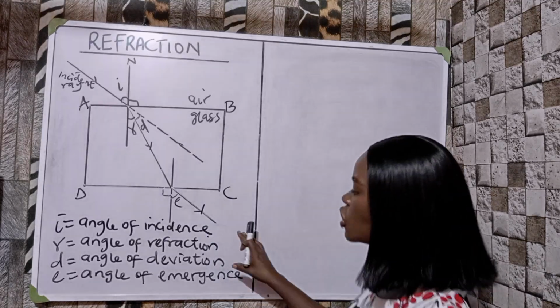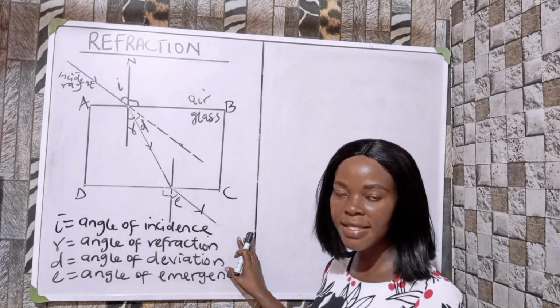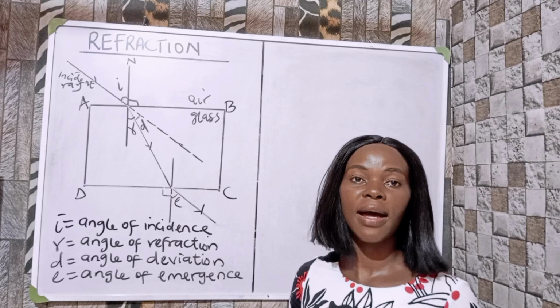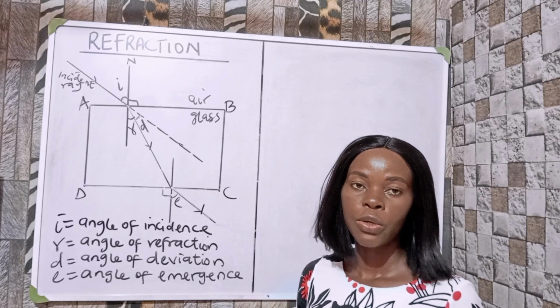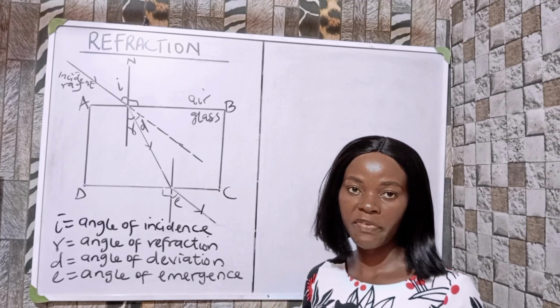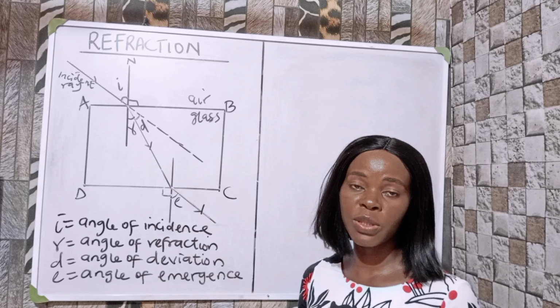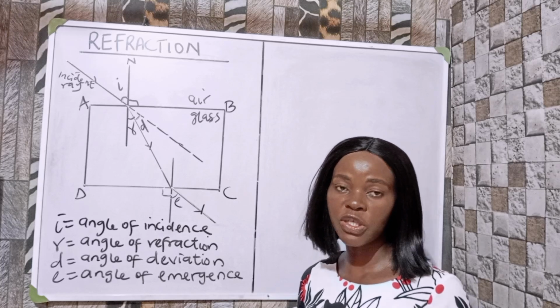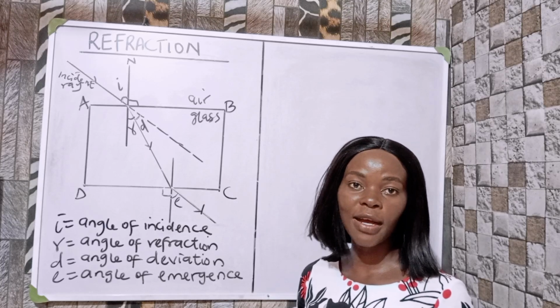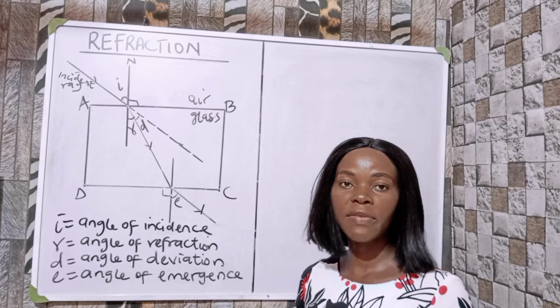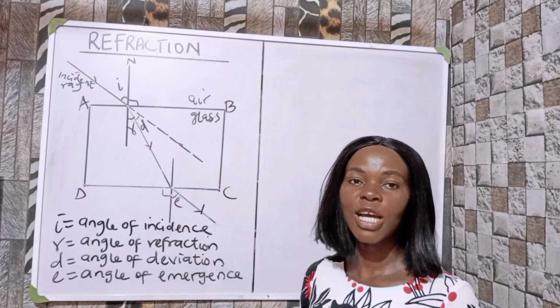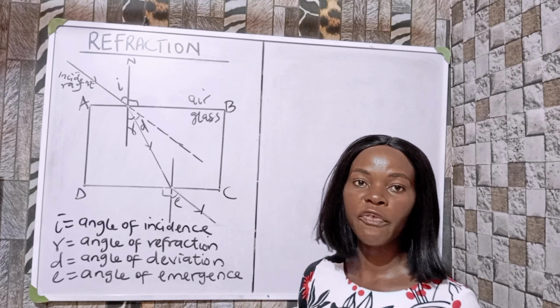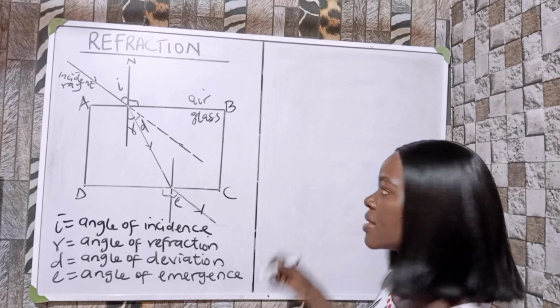So there is a relationship between this and what we stated as our Snell's law. That's laws of refraction. Number 2 can be said to be Snell's law, and it states that the ratio of the sine of the angle of incidence to the sine of the angle of refraction is a constant for a given pair of media. So what do I mean by that?